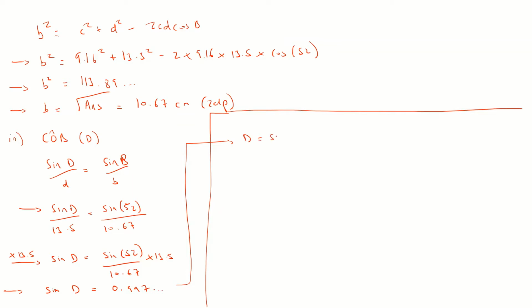So D is the inverse sine of my answer, to get the best possible answer. I get that D is 85.57 degrees to 2dp. I'll put that in the picture as well.